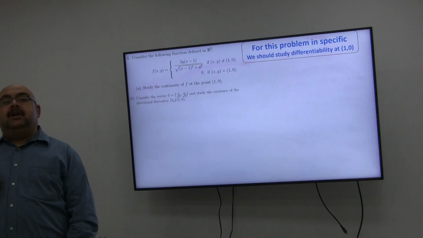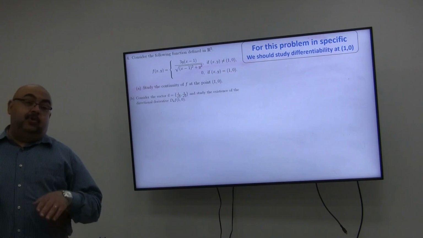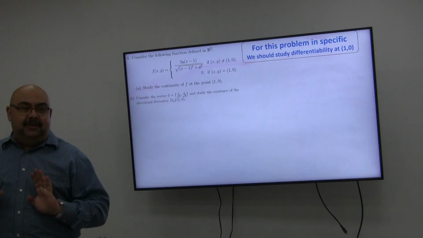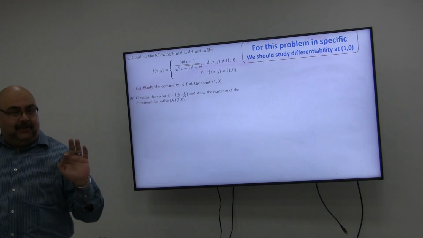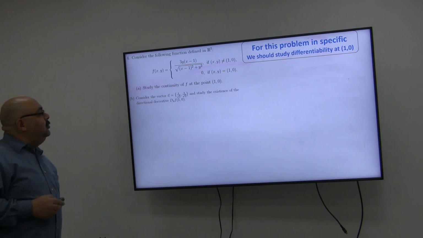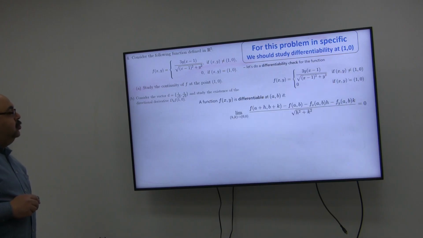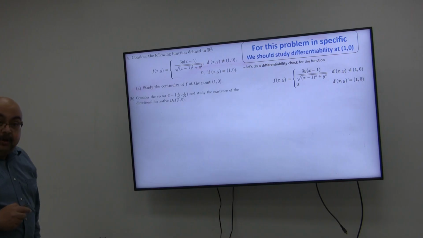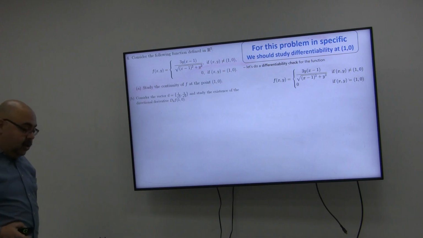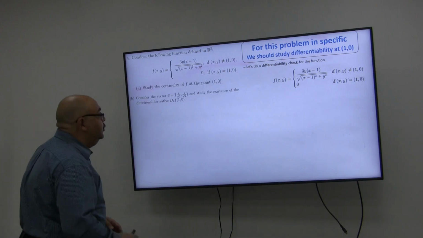Now I need to discuss the differentiability. It's not required, but I will do it in order to complete the picture. I need to discuss the differentiability of this function at the point (1, 0). For this function to be differentiable, if you remember, the remainder should equal 0. What am I going to test?